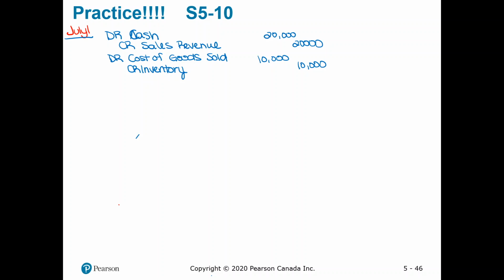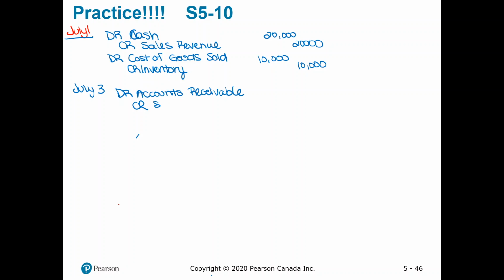Okay. Then on July 3rd, Salem sold $62,000 of women's sportswear on account, and the credit terms are 3/10 net 30. Cost of these goods was $31,000. So we're going to do the same type of entry, only now we sold on account. So we'll debit accounts receivable instead of cash.